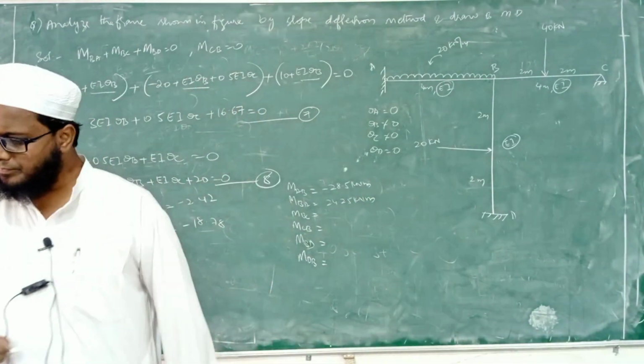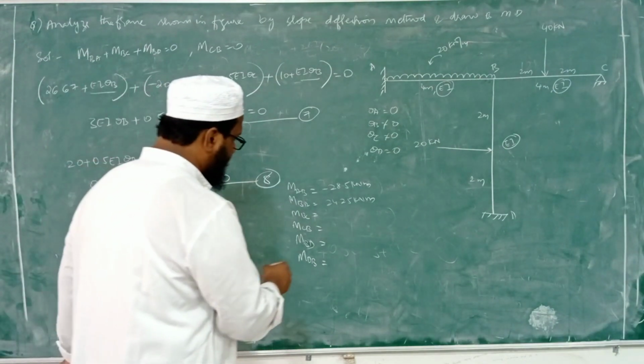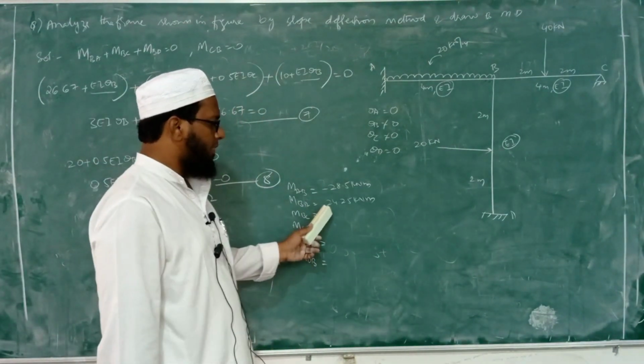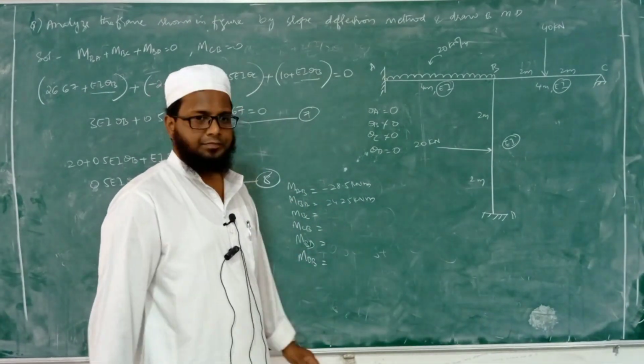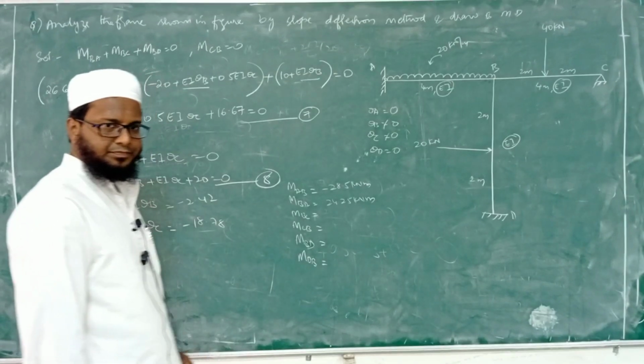What about MBC? MBC is 31.81 I think. MBA is how much? 24.25. Now what about MBC? Quickly substitute the values and tell me.